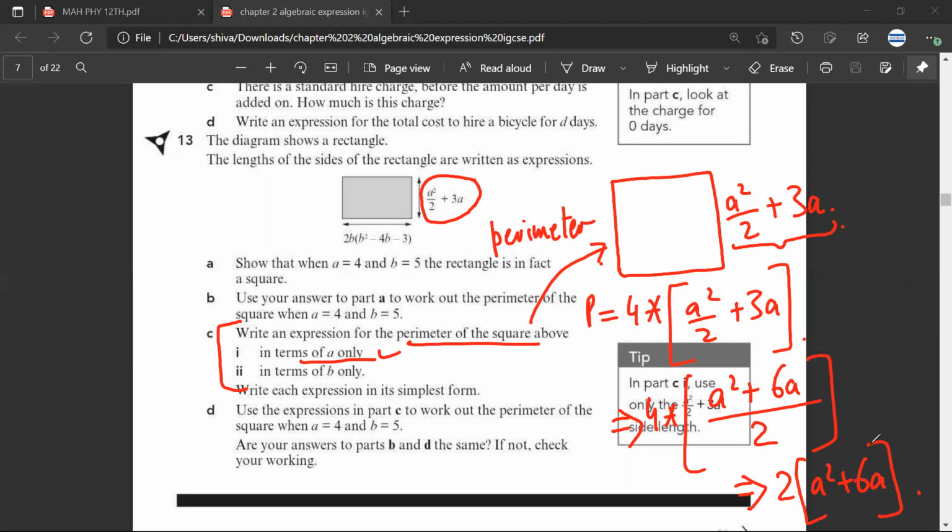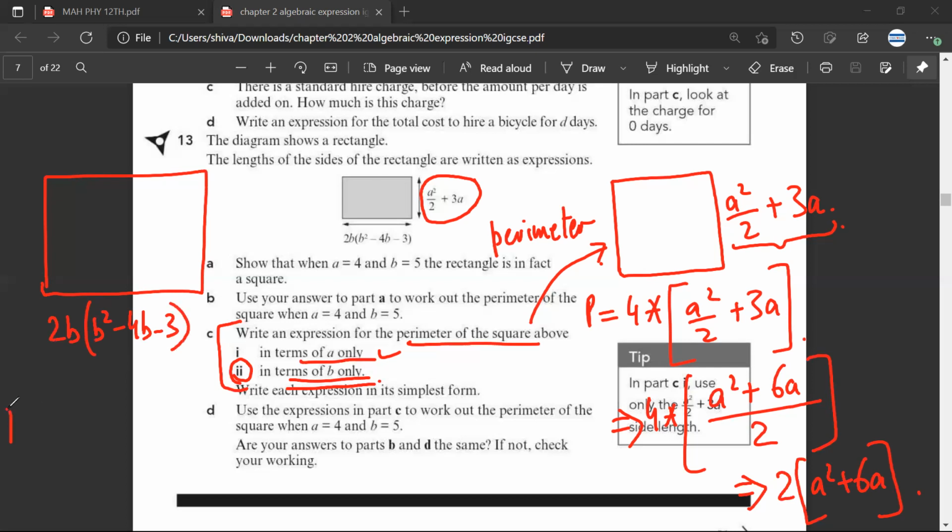No, sir. Okay. Satya, can you tell me how to find the second part in terms of B only? Yes, sir. So we have to only multiply it by 4. So we have to do 4 into 2B, bracket B raised to power 2 minus 4B minus 3.